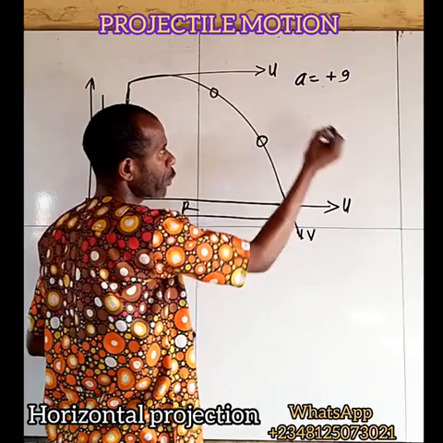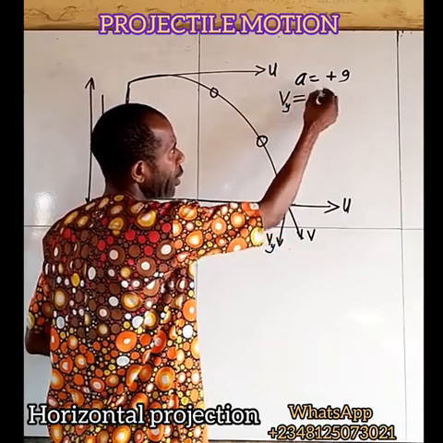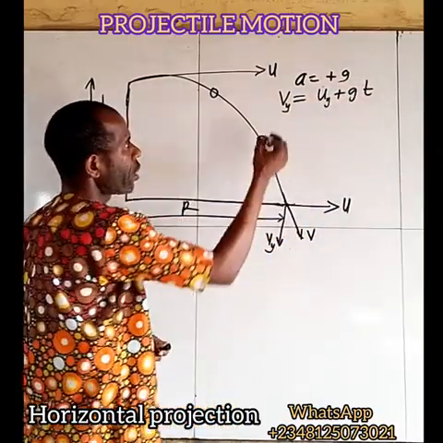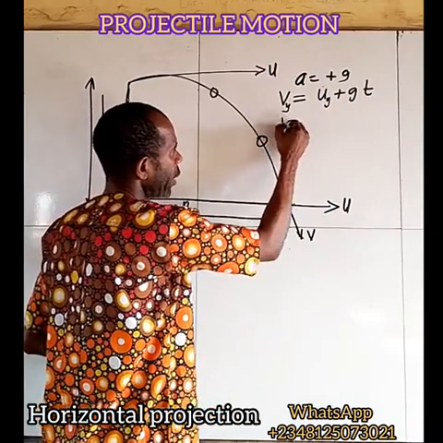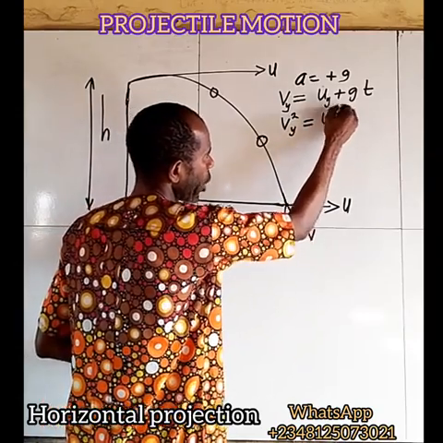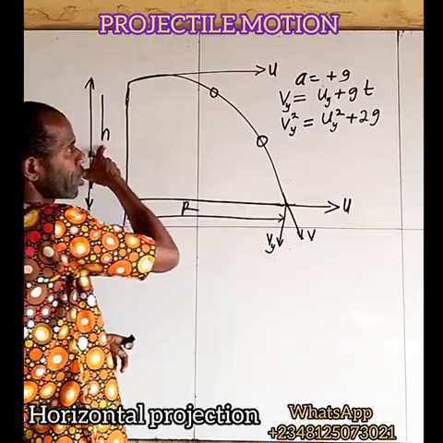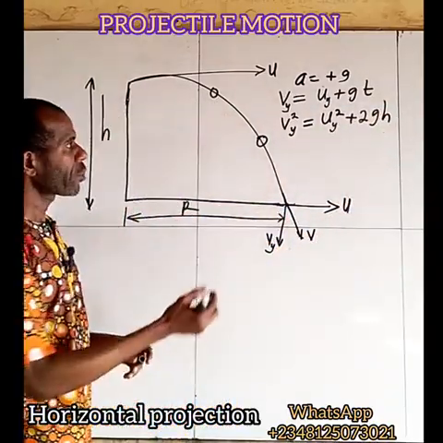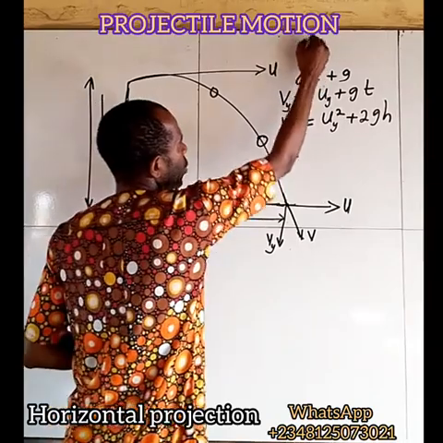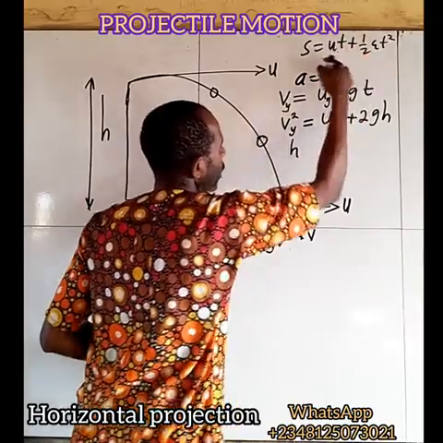Now we are having equations of motion. The first equation we know is vy equals uy plus gt. Then the second equation: vy squared equals uy squared plus 2gh, because this s becomes h, that is the height. Remember, we normally use s equals ut plus half at squared in our linear motion.